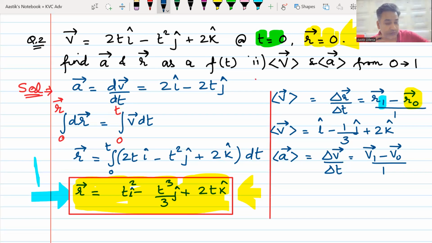So in the formula for velocity, put time as 0. In the formula of velocity, put time as 1 and you will get your answers. Do we understand this? Yes or no? Can you tell me what is the average acceleration, dear?